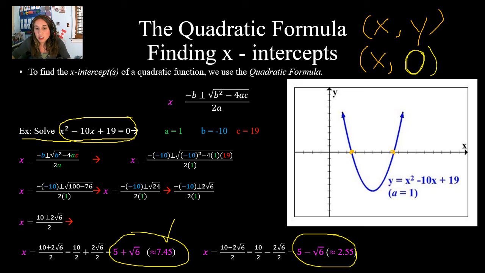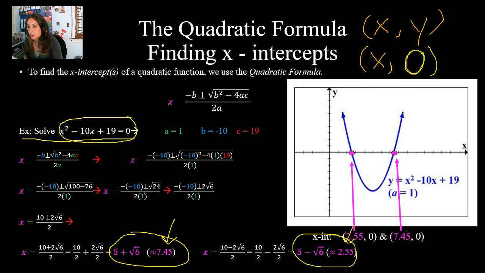So I just rounded, and these are the values I got for x, which means that my two x-intercepts are 2.550 and 7.450. And if you look at this graph, guys, that makes perfectly beautiful sense, because that first x-intercept is about at 2.5, and that second x-intercept is about at 7.5 on the x-axis. I just wanted to show you how it played out graphically.